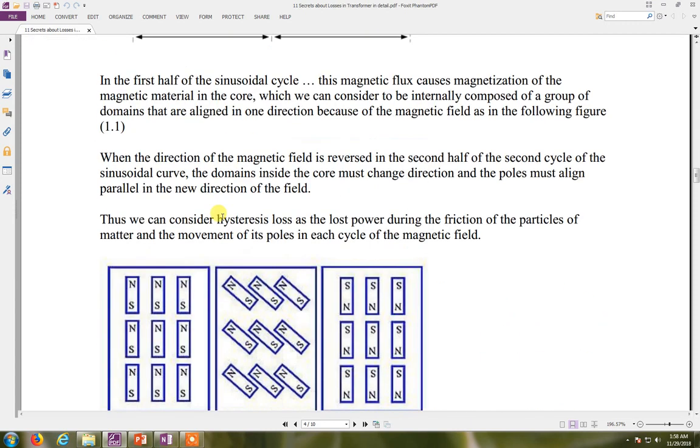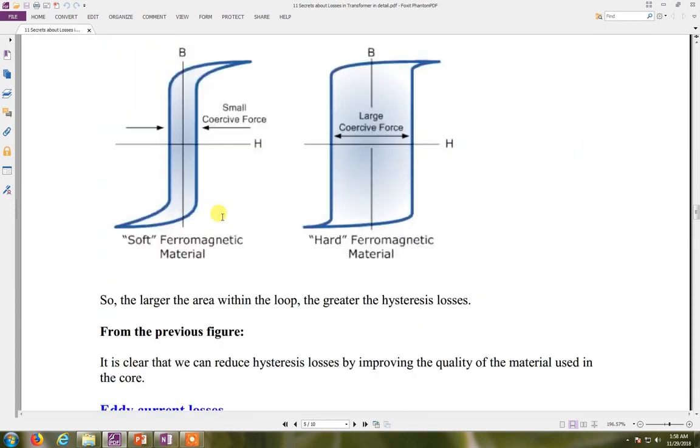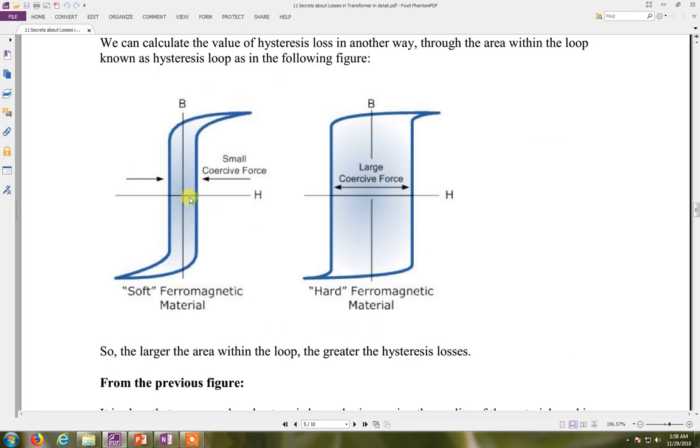We will clear it more clearly here. When we increase H, what is it? It is the intensity. Intensity is equal to the magnetomotive force divided by the length. Magnetomotive force is what? It's N times the current flowing in this N-turn coil.